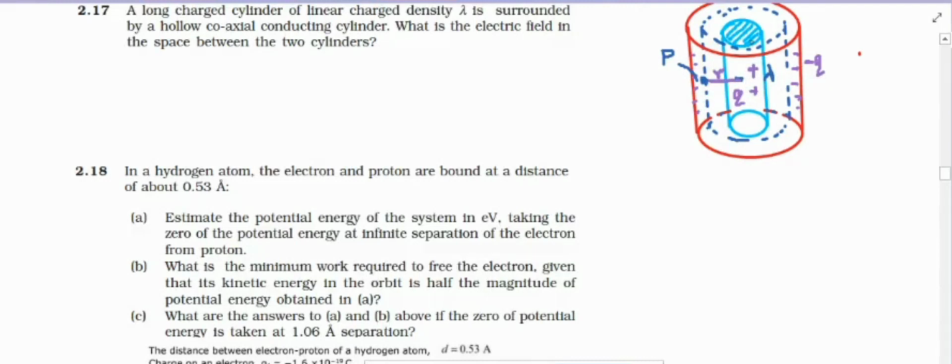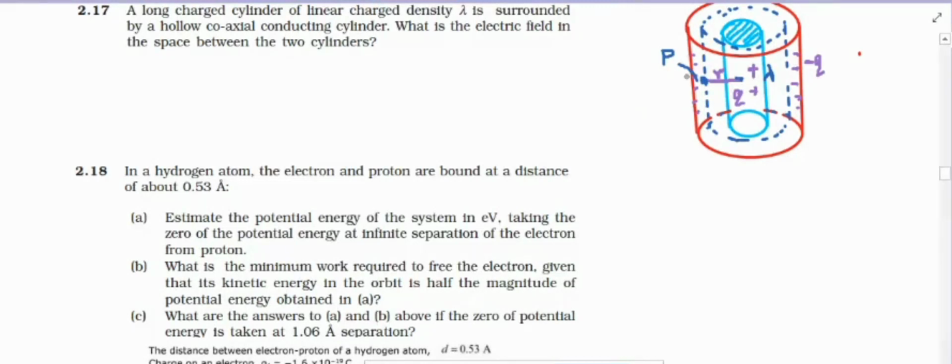We can assume that the inner cylinder has charge Q, so that the outer cylinder will have charge minus Q induced. Now, imagine a Gaussian cylindrical surface of radius r in such a way that the field point P is on the surface of the Gaussian cylinder.